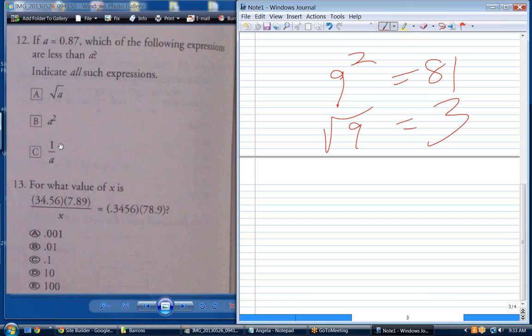If you take the reciprocal of a number between 0 and 1, it gets bigger. If you take the reciprocal of a number greater than 1, it gets smaller. 1/2 is less than 2, but if A is 1/2, then 1 over 1/2 is 2. It gets bigger.